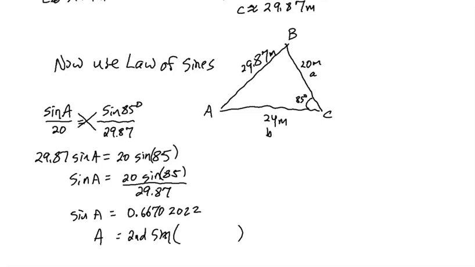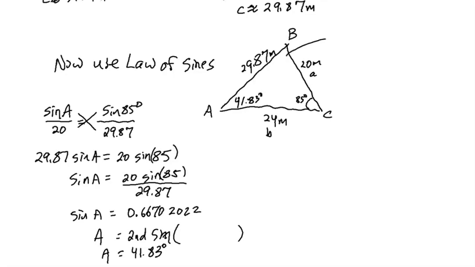So second sine, second answer, boom, is going to give me 41.83. And you say, what is that? Well, this is the angle measure. So this is in degrees. Whenever you take the inverse sine of something, you're going to get an angle in degrees. So that means that the measure of this angle is about 41.8 degrees. A lot of the time we'll round it to just the nearest whole number, but I'll keep the decimals.